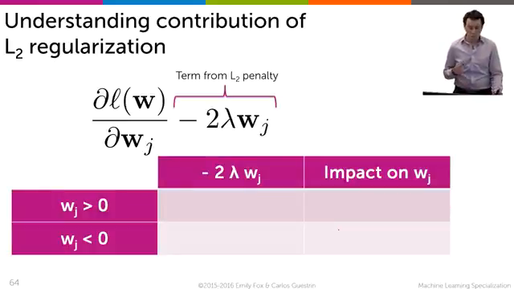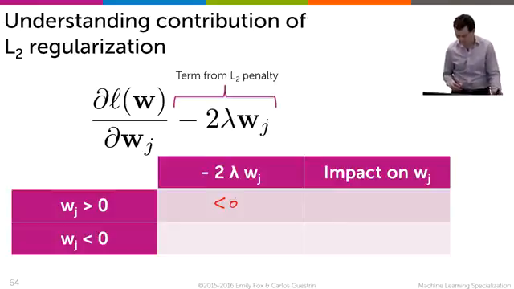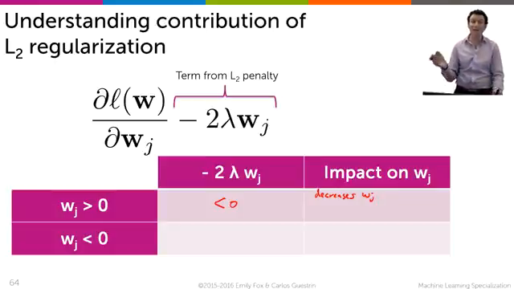So let's interpret what this extra term does for us. What does the minus 2 lambda Wj do to the derivative? If Wj is positive, this minus 2 lambda Wj is a negative contribution to our derivative, which means that it decreases Wj, because you're going to add some negative term to it.